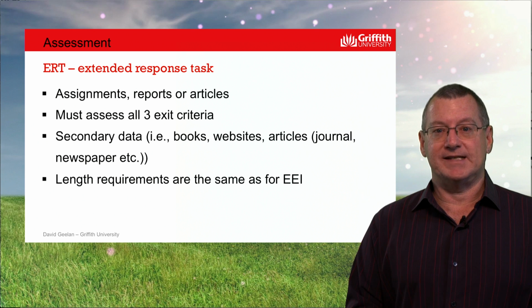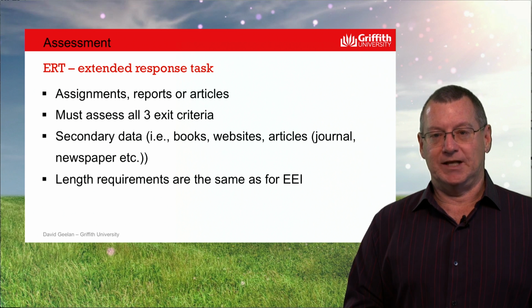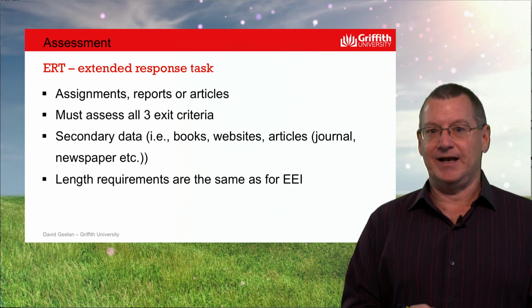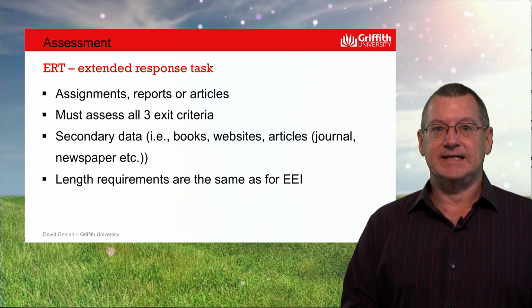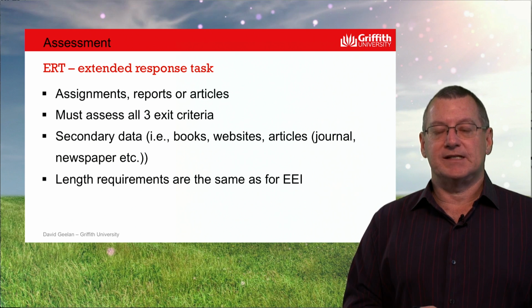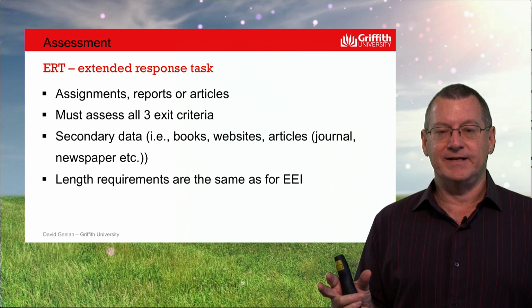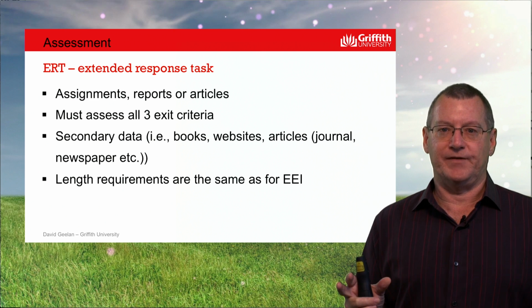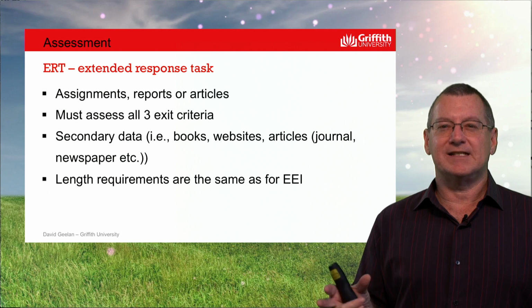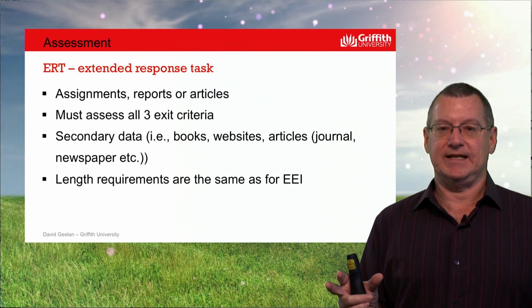You assess all three exit criteria: knowledge and conceptual understanding, investigative processes, and evaluating and concluding on an ERT. The length requirements, I should have changed the order around, are about 800 to 1,000 words for a year 11 and about 1,000 to 1,500 words for a year 12. So that's a reasonable sense of the scale of what these things should be like.